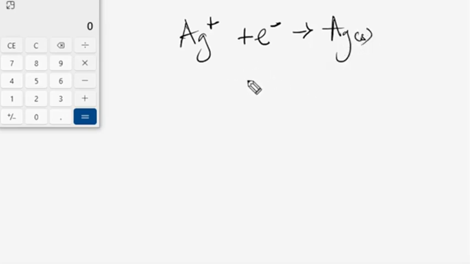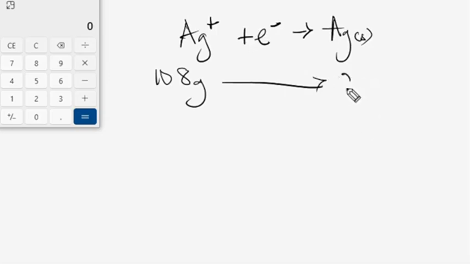So since we have this here, it means that 1 mole of silver, which is the atomic mass here, 108 grams of silver, is going to require just 1 times the Faraday's constant.